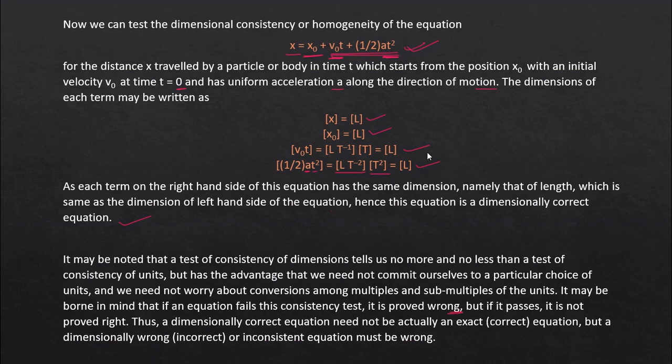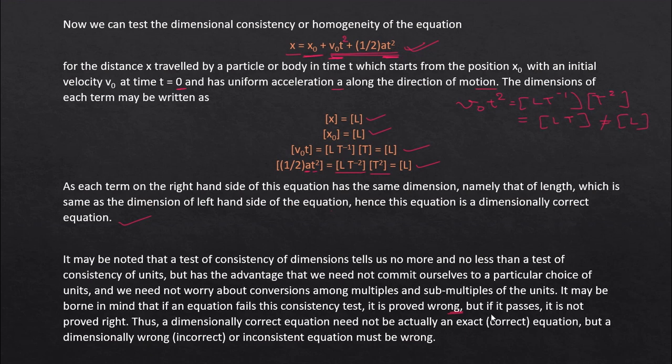Let's say instead of v0 t here, we have v0 t square. What will be the dimension of v0 t square? It will be LT^-1 times T^2, so it will be LT. Now this LT is not the same as L, so you see that this equation will be wrong directly.